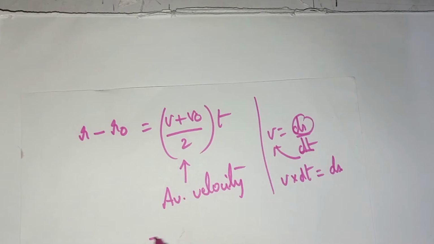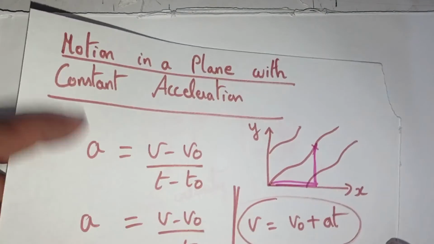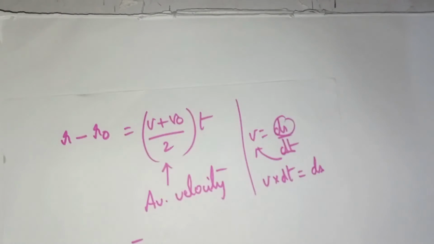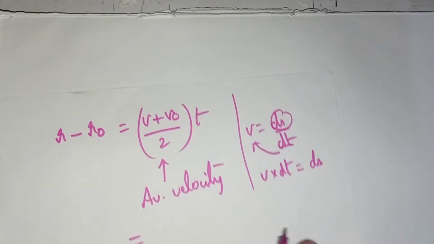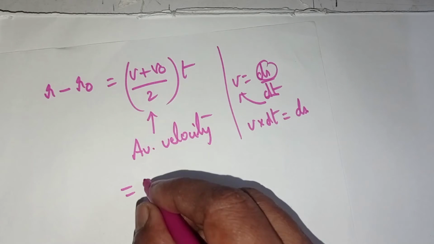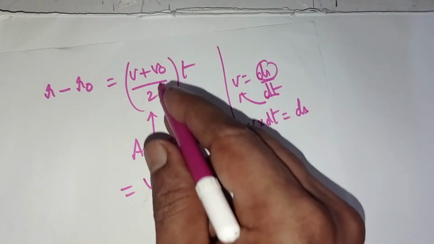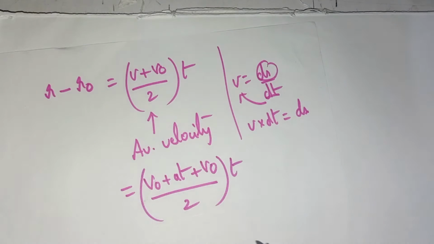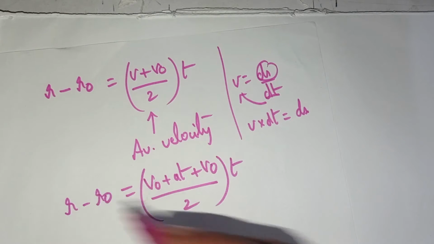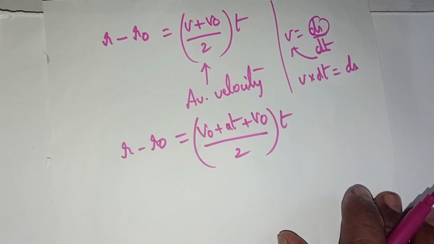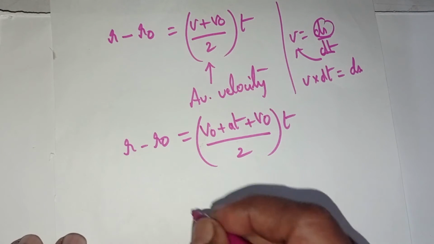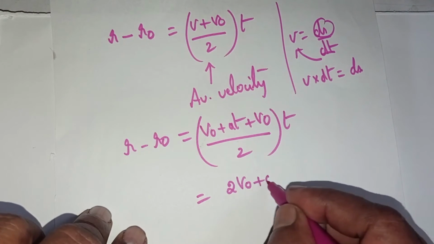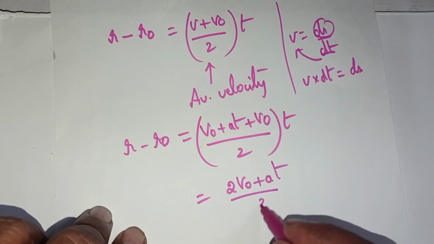Now we already have the value for v. Previously we have the relation v is equal to v naught plus at. This value is substituted over there, that is v is equal to v naught plus at, and already you have one v naught, divided by 2 into t. This is r minus r naught. Now v naught plus v naught is 2 v naught plus at, by 2 into t.